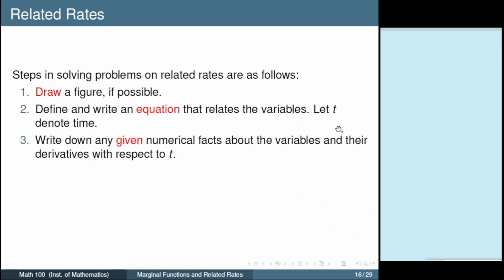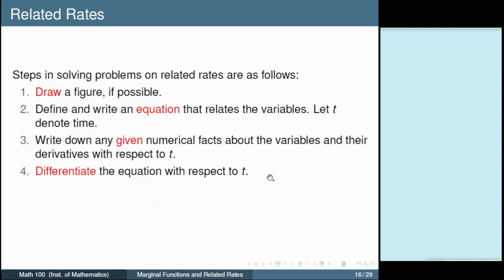For the third one, we write down any given numerical facts about the variables and their derivatives with respect to t. A reminder ko lang dito, not all the time explicitly given tayo ng lahat ng variables and derivatives na kailangan natin. So sometimes you have to solve and analyze to get the other variables. So you can solve that using some properties or theorems.